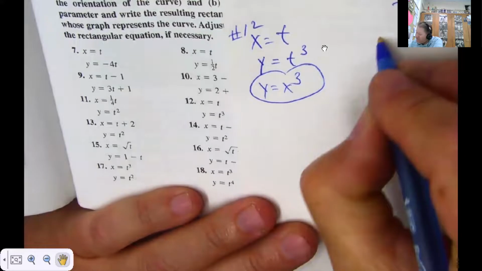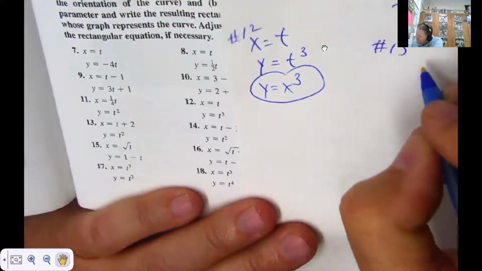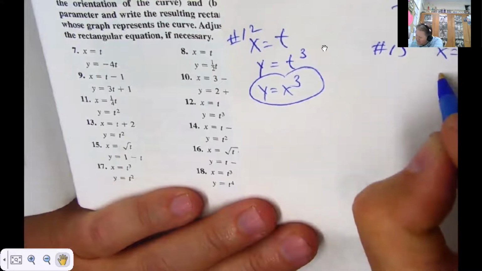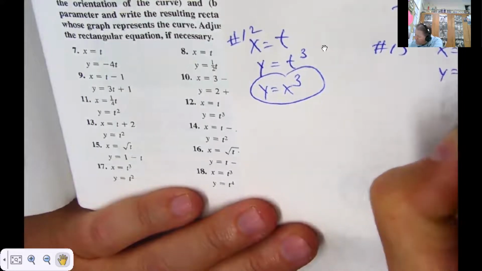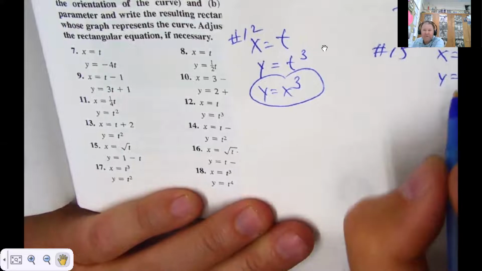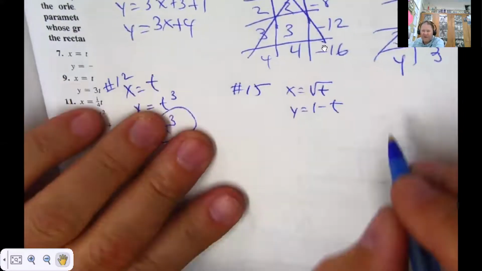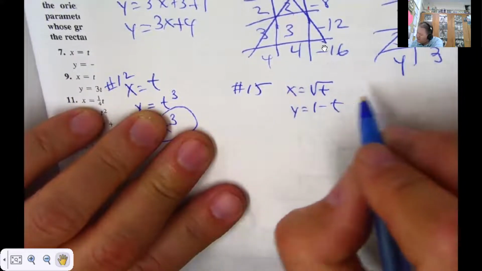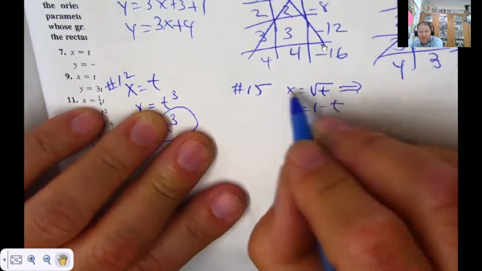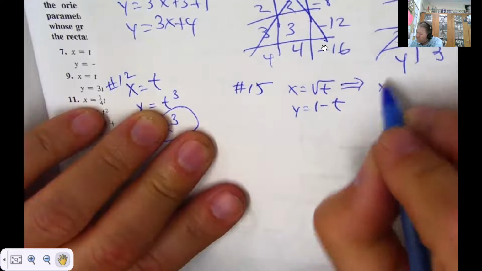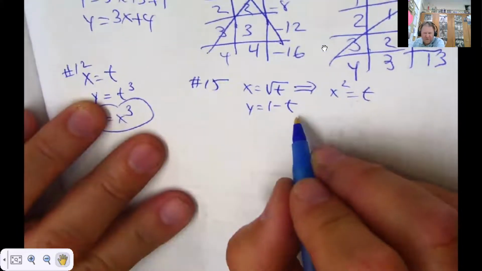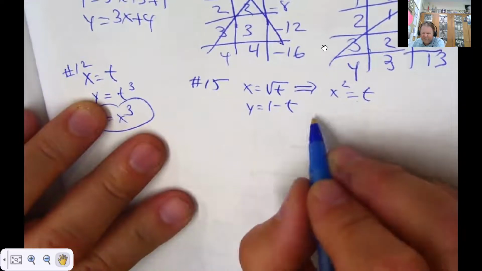All right, number 15 is going to be x equals the square root of t. And the other one is y equals 1 minus t. And again, what you do is you substitute back in for t in terms of x. From here, you could square both sides. You have x squared equals t. So I'm going to substitute that value back in for t. t is equal to x squared.